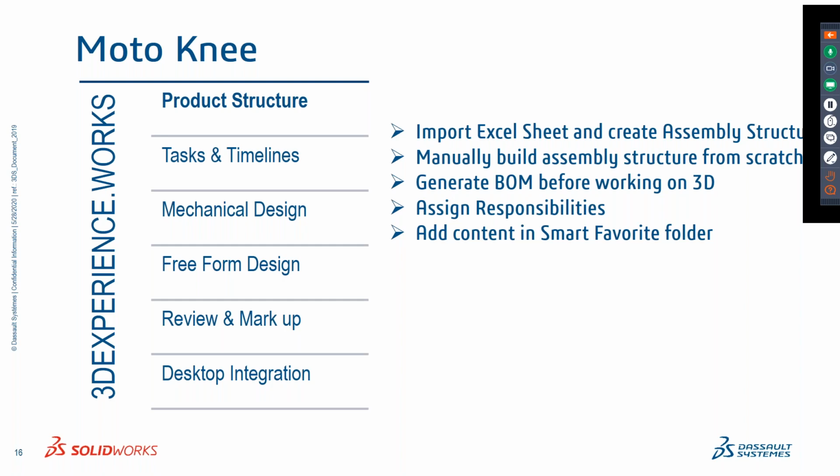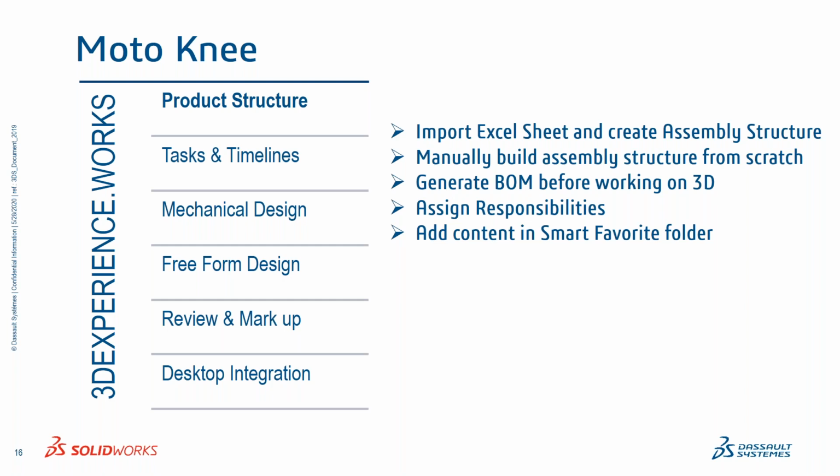So just to summarize what we have seen in the last 1 minute, we have seen how we can import the Excel sheet and create an assembly structure out of it, and we can manually build the assembly structure from scratch as well, and you can generate a BOM before actually working on a 3D geometry, and then you can assign the responsibilities, and you can also add the content in the smart favorite folder called bookmarks.